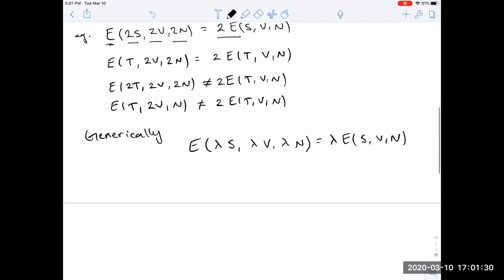Now, this relationship has a very well-defined mathematical structure. The fancy word for this is to say that energy is a so-called homogeneous function of order 1.